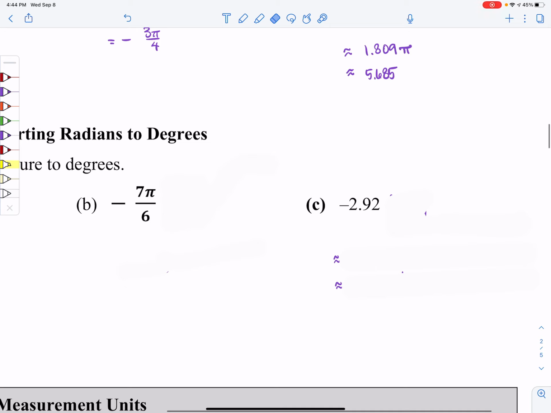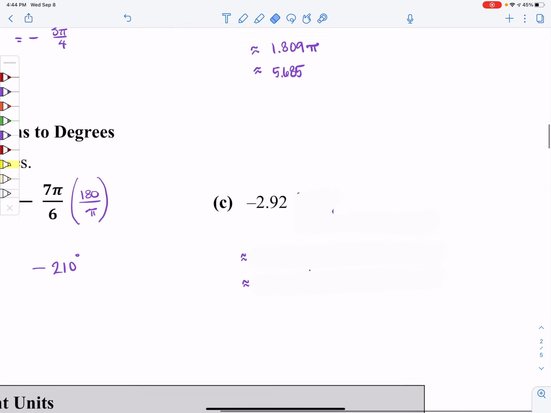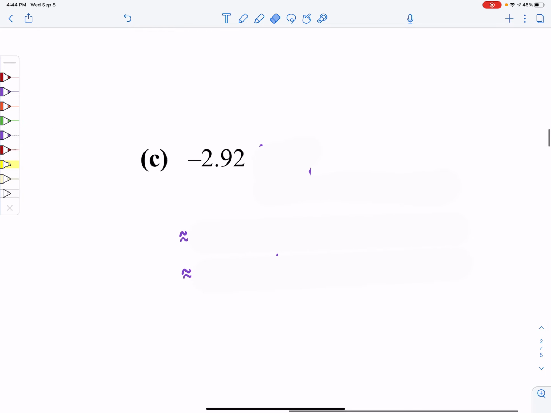For negative 7 pi over 6, let's go ahead and multiply by 180 over pi. Yes, the pi's will cancel. Do the math and you'll get negative 210 degrees. Letter C is a radian, so negative 2.92 radians. We're going to do the same thing. We're going to multiply by 180 over pi. And again, my radians are canceling. So that's what I want to cancel here, leaving me with just degrees.